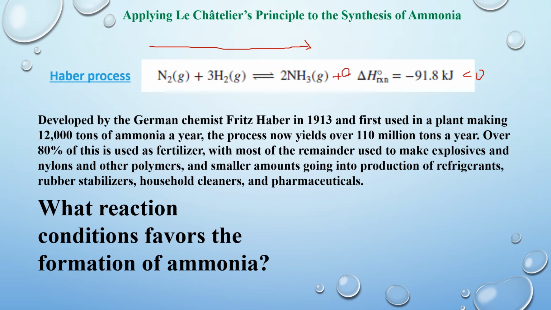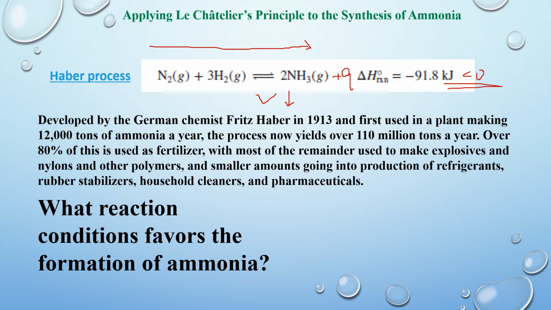So how about the effect of volume? Let's look at the number of coefficients. We have a total of 4 moles on the left-hand side, 2 moles on the right-hand side. So to enhance the formation of ammonia, which has the lower number of coefficients, we want to decrease the volume, so the reaction is shifted to the right. And how about the temperature?